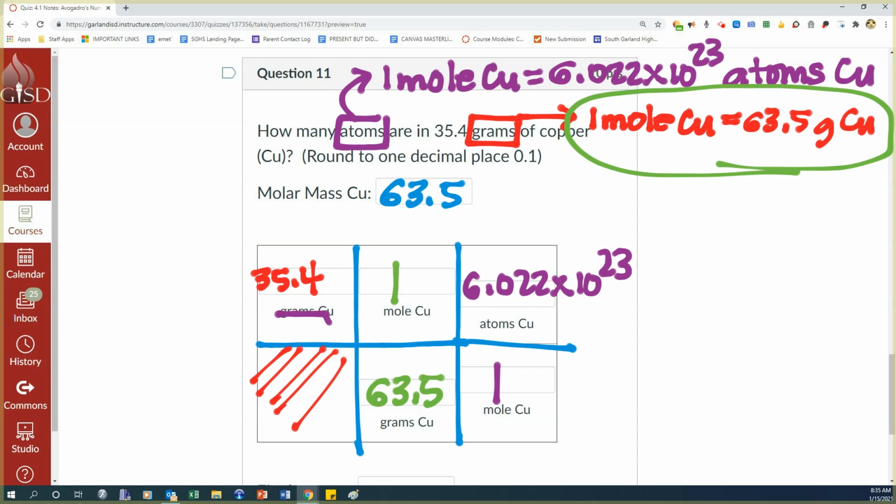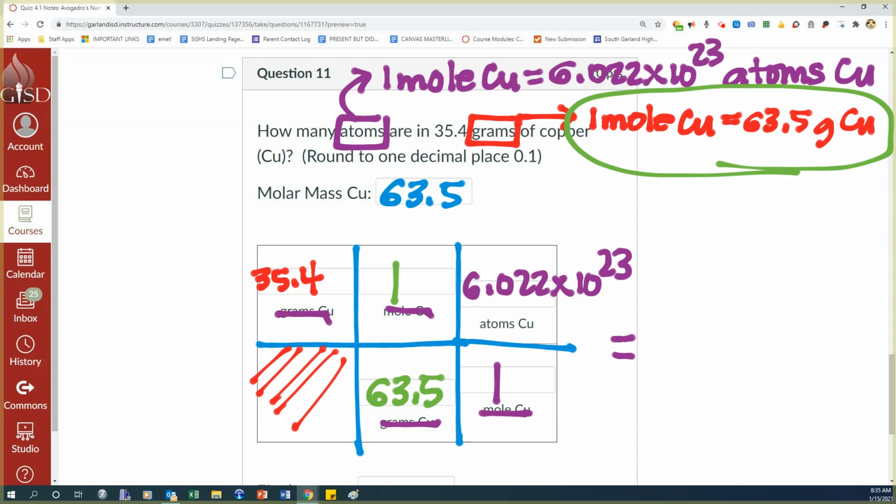So again, the units cancel out. All right. And then you multiply everything at the top. Okay. And then you divide by everything at the bottom. So let's put that in the calculator instead of me doing it manually. So this is 35.4 times 1 times 6.022 times 10 to the 23rd. The bottom is 63.5 and 1.